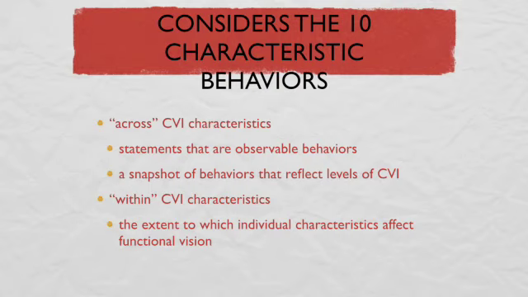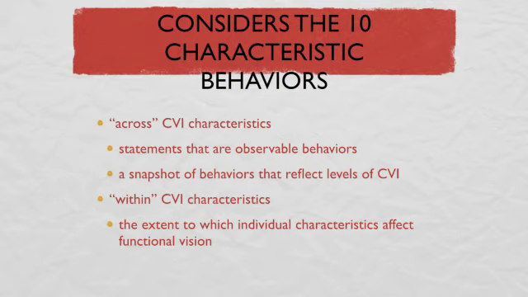And those are observable behaviors that have touch points that describe how some of the characteristics look at various levels. Those levels improve as the child gets higher on the score, as the number increases. Those are, again, behavioral statements, things you can see and test out and watch and observe and ask about based on behaviors. The second score is derived within CVI characteristics.